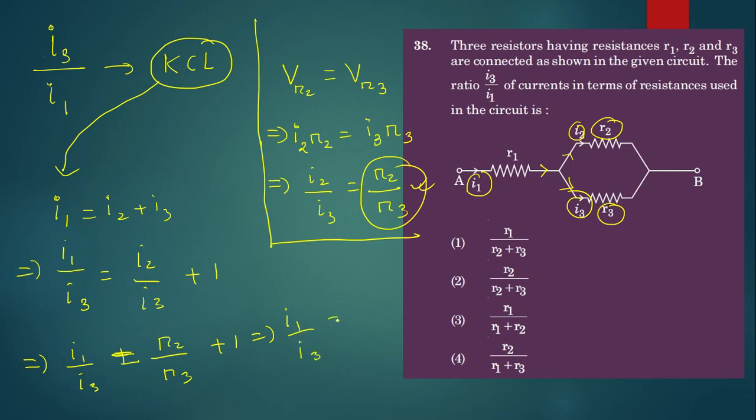Let me calculate further. I think this is R3 and this is R2. Anyway, R2, R3 plus R2. And the answer comes out to be R2, R3 plus R2. So option B, option 2, is the correct answer. Let's move on.